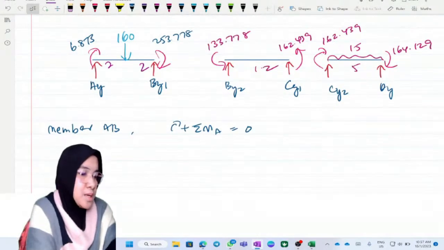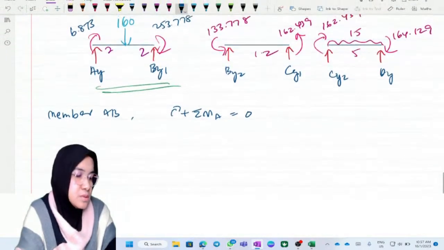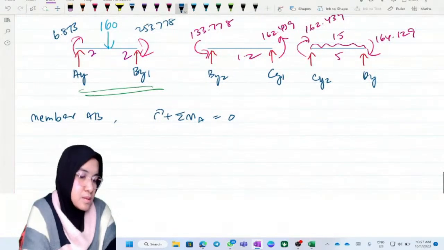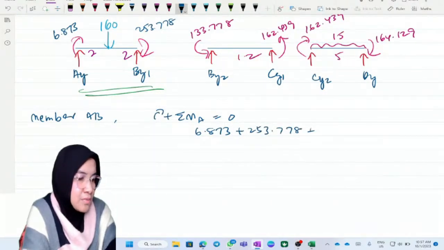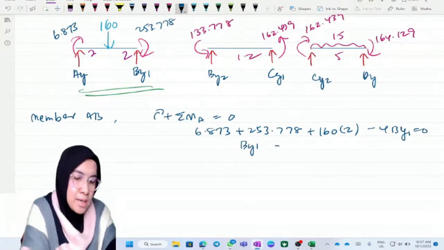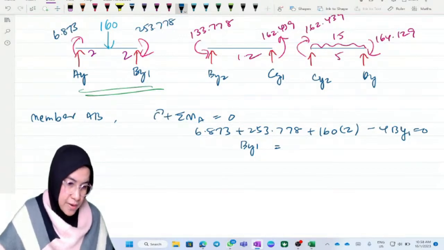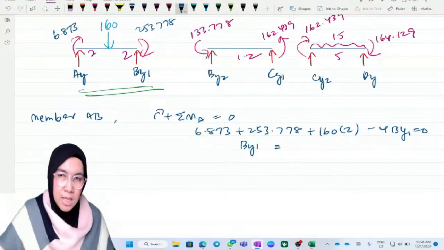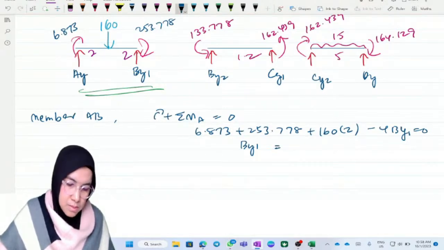So 6.873 plus 253.778 plus 160 times 2 minus 4 BY1 equals 0. So BY1 equals 6.873 plus 253.778 plus 160 times 2, which is 320, divided by 4.